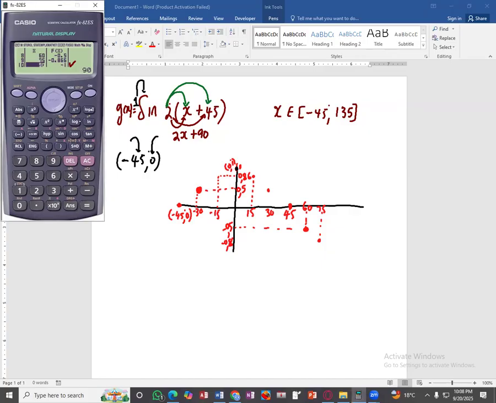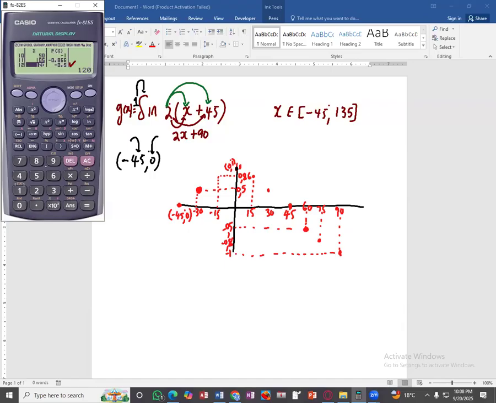90 and negative 1, it's here. Let's say here we have negative 1. So this is 90 and negative 1. And then we have 105 and negative 0.866. You will show it.